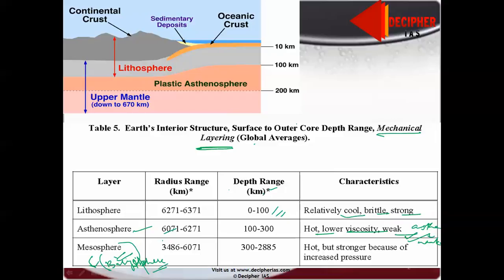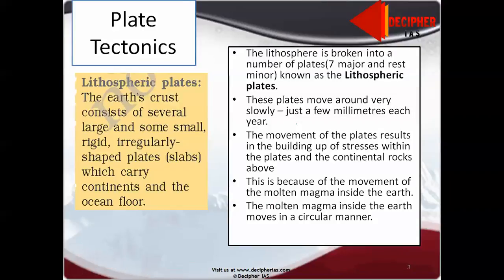So let's move ahead. Now, what are the lithospheric plates? Earth's crust consists of several large and several small rigid and irregularly shaped plates which carry continents and the ocean floor. Obviously the lithosphere is broken up into many different plates, and below that we have the asthenosphere, which is plastic flow.